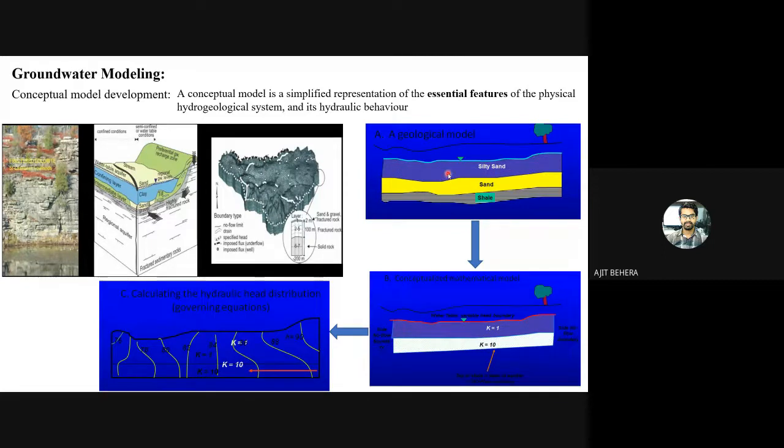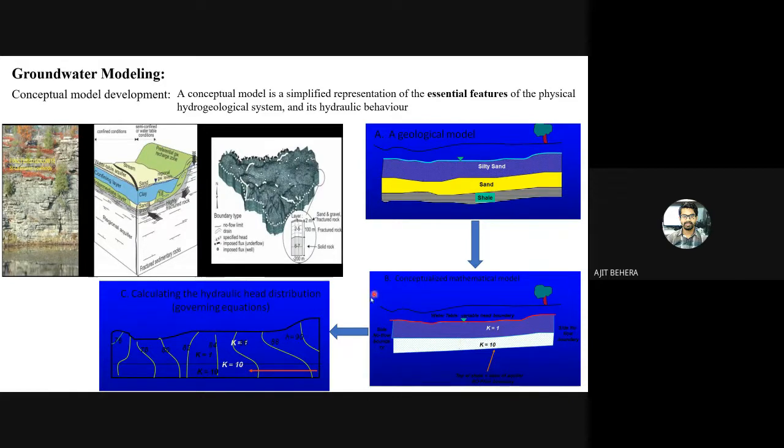In the conceptual model, we have to characterize parameters like hydraulic conductivity. This is silty sand, so hydraulic conductivity here we have kept as 1, which may be meter per second, centimeter per second or meter per day. As the base of the aquifer is sand, and sand has high hydraulic conductivity, this may be 10 meter per day.